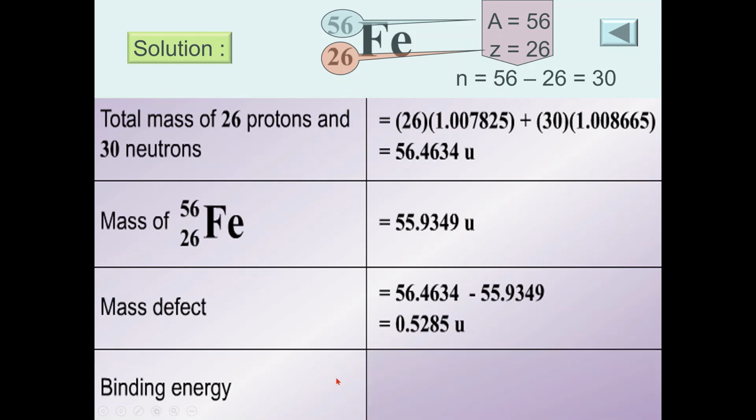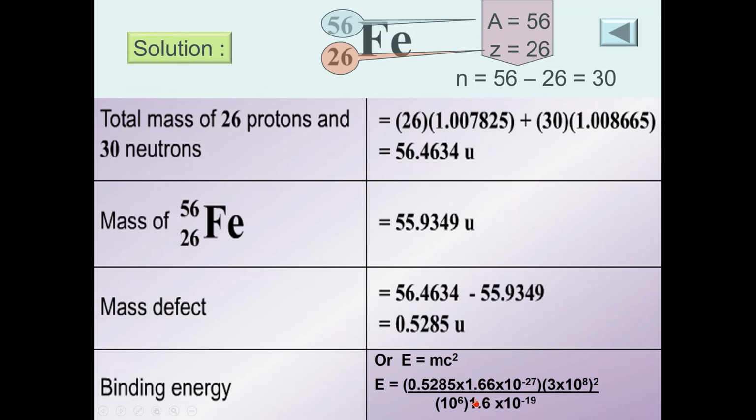Or for another method, we use Einstein's equation, E equals mc squared. So substitute m as 0.5285 times 1.66 times 10 to the power of negative 27, to convert the unit U to kilogram. Then c is 3 times 10 to the power of 8, the speed of light, then squared.